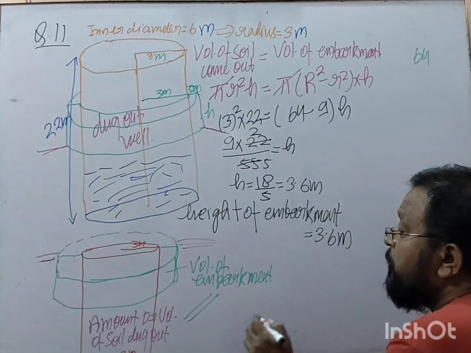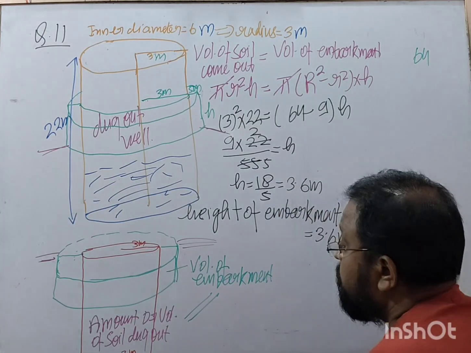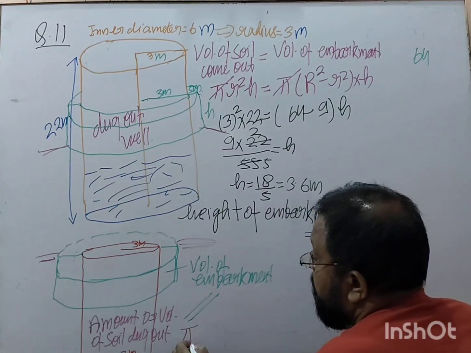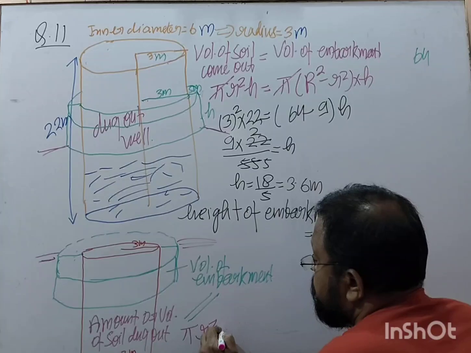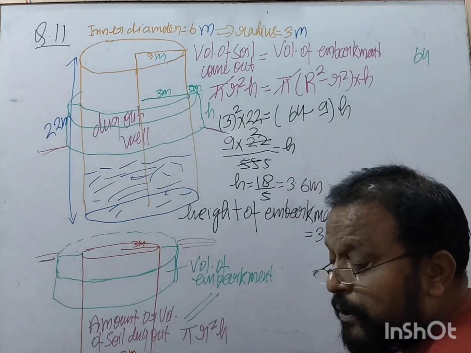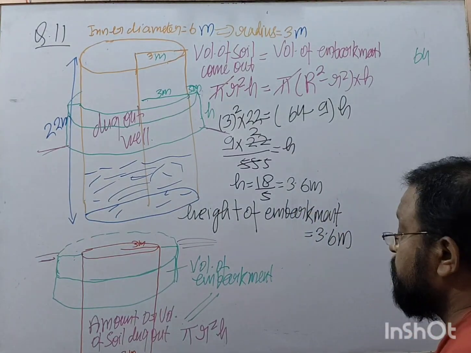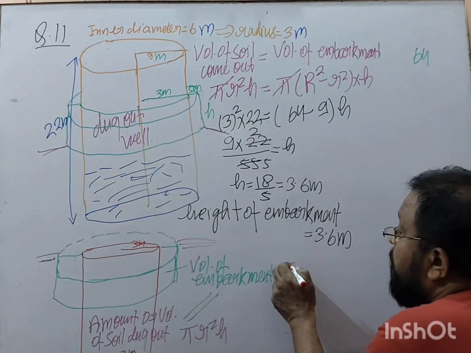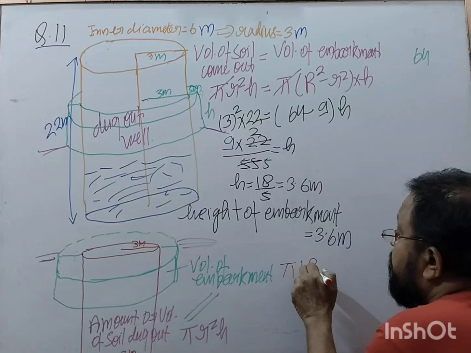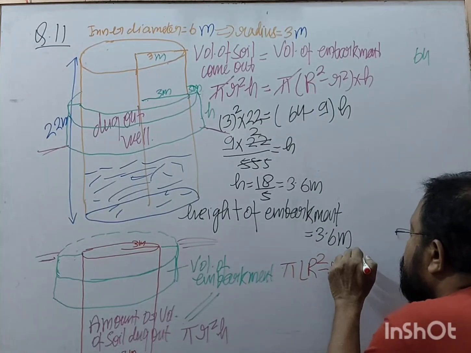What is the volume of the embankment? Its volume will be pi r square h, right? And the volume of the embankment will be pi capital R square minus small r square into h.